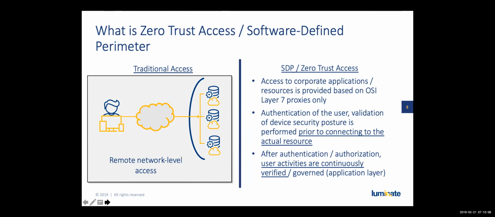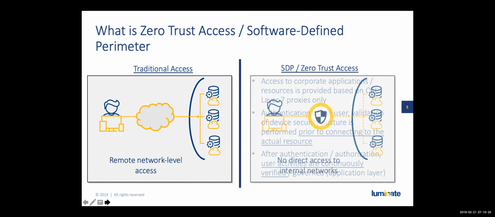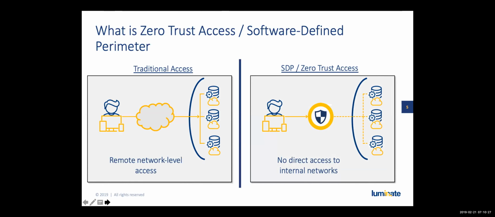The only segmentation that can be done here is using network firewalls on the sub-network level, etc. And even that, when we think about scale, when we think about the dynamic nature of software-defined data centers, is extremely difficult to manage. In the software-defined perimeter world, I'm not aware of a network. I have some sort of endpoint that I connect to. That endpoint may or may not reside on the same network as the actual resources.